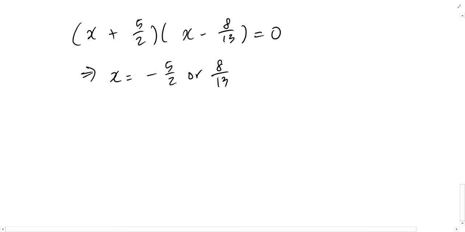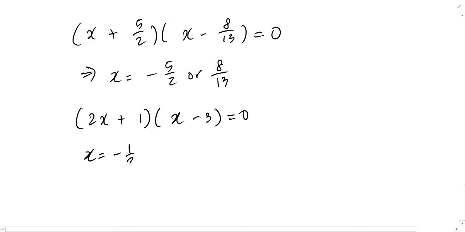Very good. Any others I should try? How about 2x plus 1, x minus 3 equals to 0. Can you do this? X equals to? Negative half or 3. Who needs explanation for this? Basically, we just set this to be equal to 0.